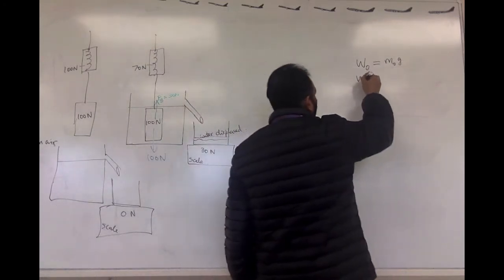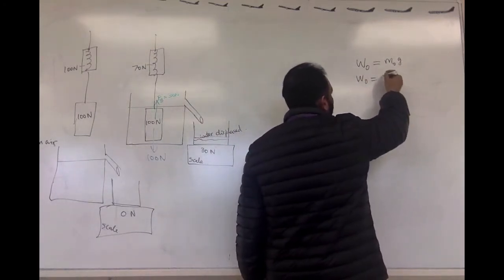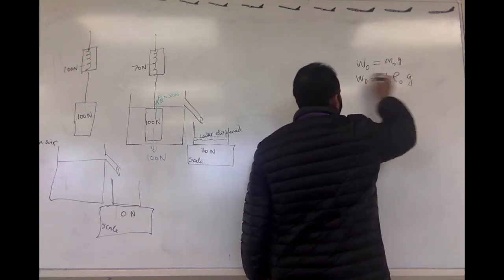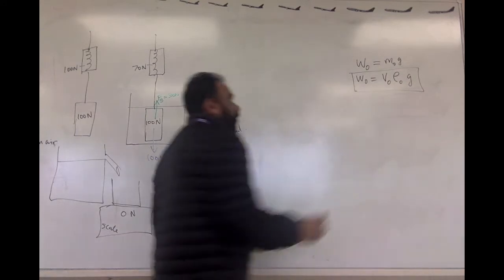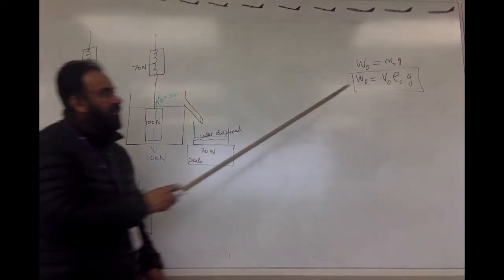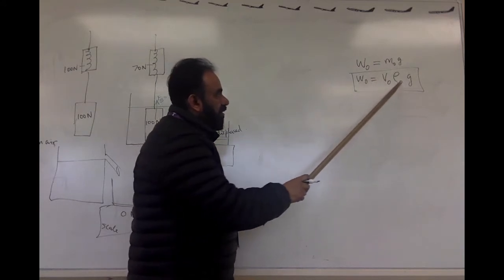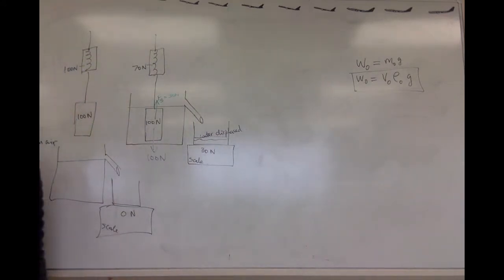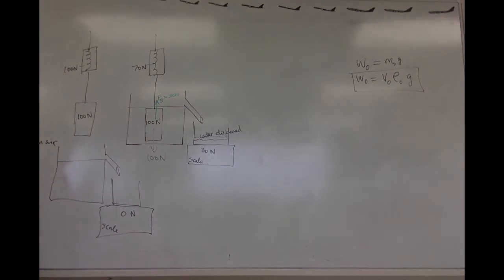So basically the weight of the object is volume of object times density of object times gravity. This is one equation. I'm just writing the mass of the object as split up into volume and density. Any questions about that equation?